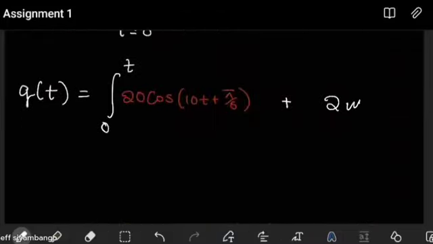These, for the most part, will just leave it out. The integral will be here, and this is with respect to time. Now the question is, how do you integrate this expression? That's all we have to do here. Integrate.